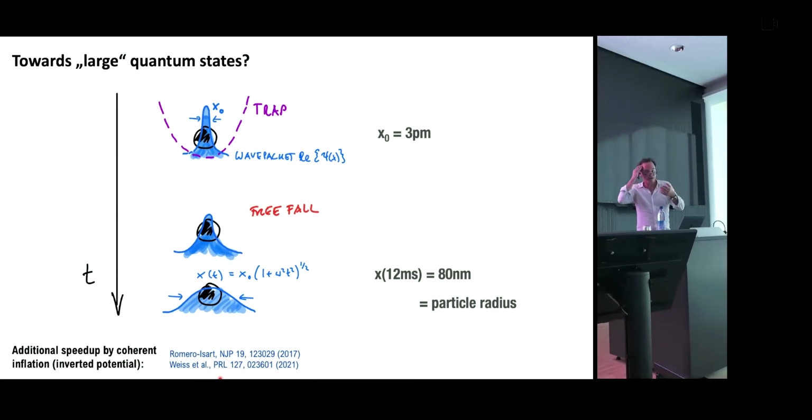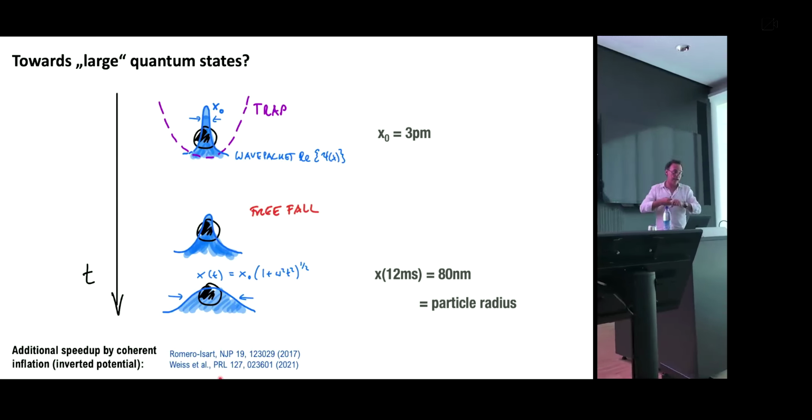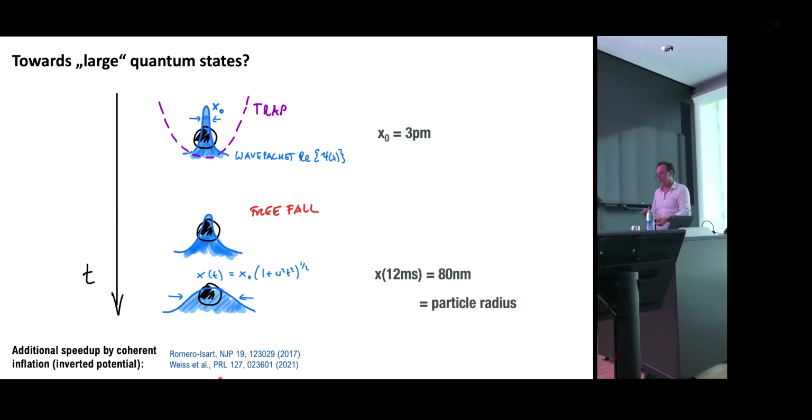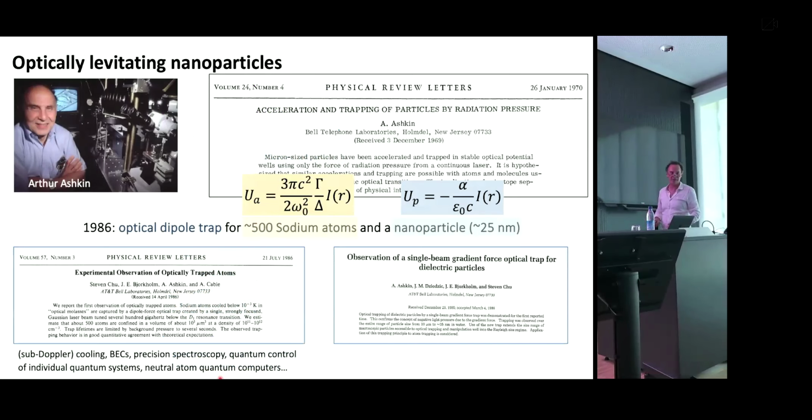These are all things that have been done already in wonderful atom physics experiments. But the point is that using that with solid state particles should open the way to really enter a parameter regime where we can up our gravitational cattiness, if I may say so.